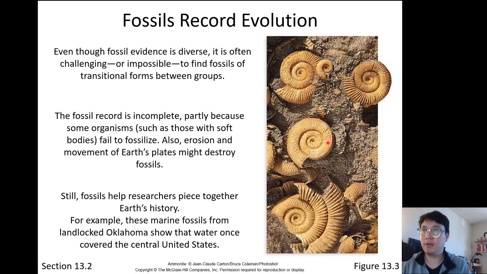So even though fossil evidence is diverse, it is often challenging. The reason it's challenging is because there are so many fossils everywhere, and sometimes the fossil is not preserved all the way. Sometimes we only have pieces of fossils. The Earth's plates are always moving. Remember, we live on tectonic plates, so there's constant movement of the Earth's surface.